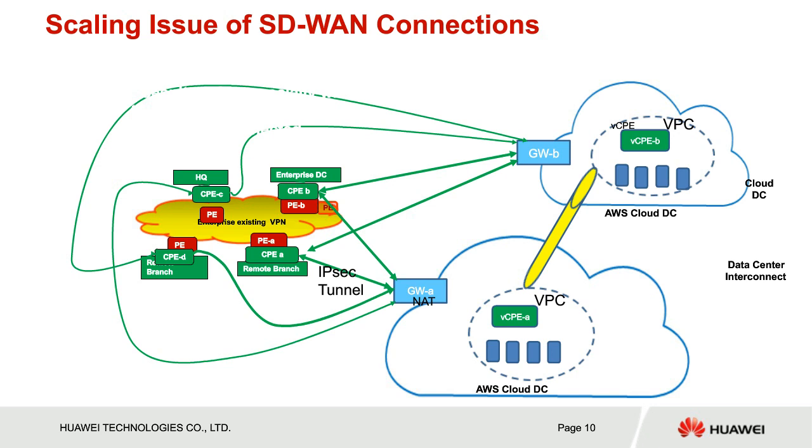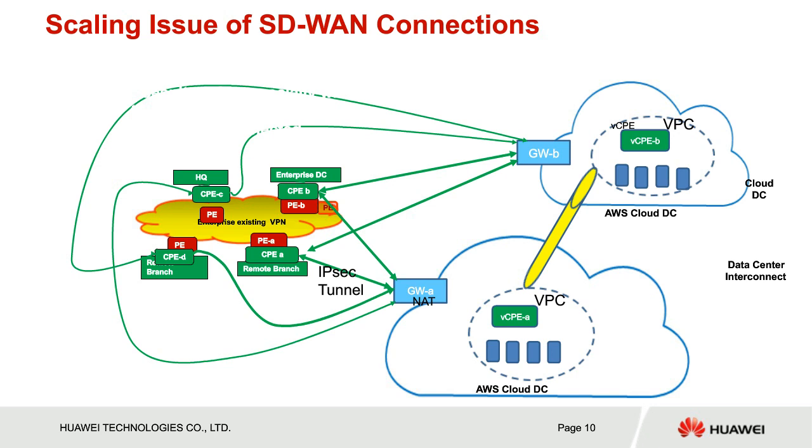On top of that is scalability. In this example, you have 4 branch offices, and you need to connect to the virtual workload hosted in the cloud. To reach them, you have to use an IPsec tunnel from each branch office to the virtual gateway.